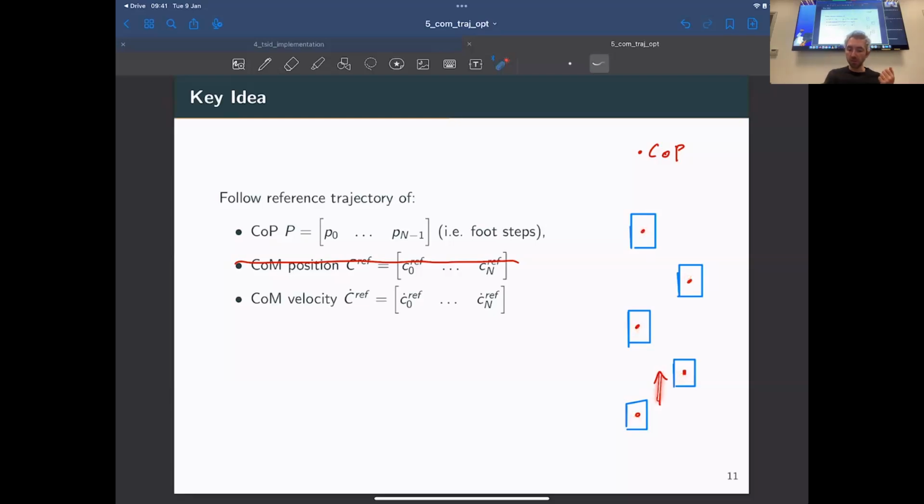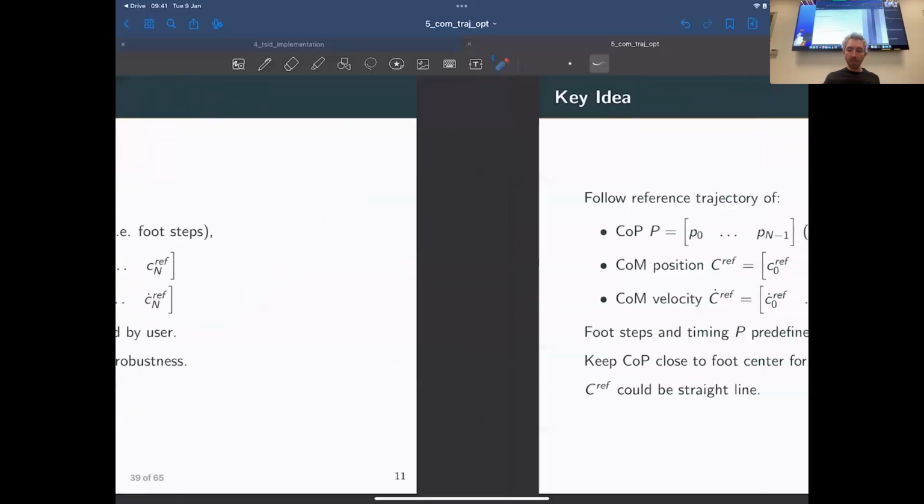Okay, so we want to move in this direction. We decide that the robot can take steps that are, I don't know, 50 centimeters at most. And so we position the footsteps 50 centimeters apart from each other, one on the right, one on the left, one on the right, one on the left. Okay, and we do that manually.